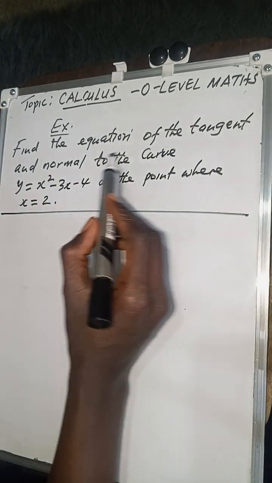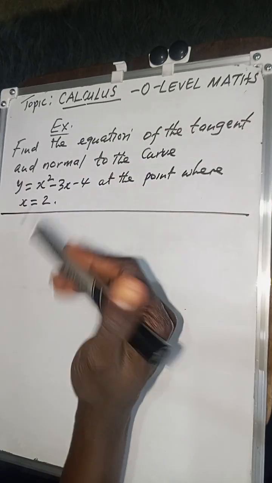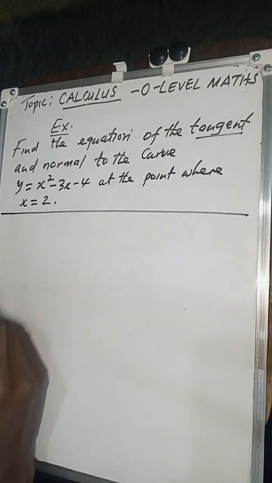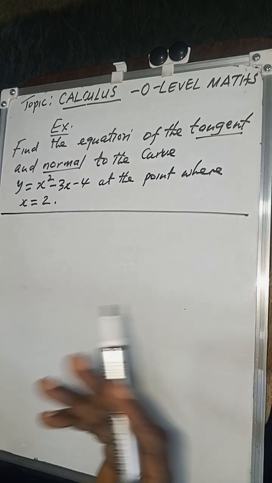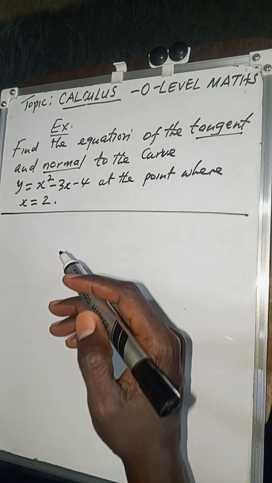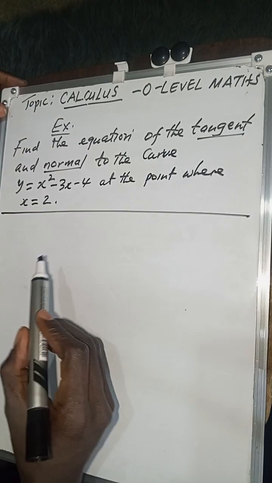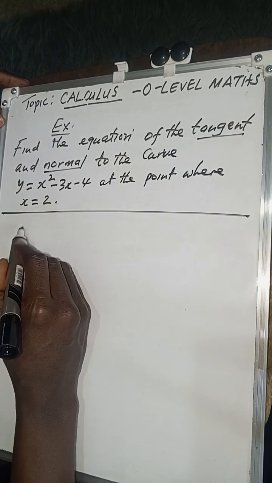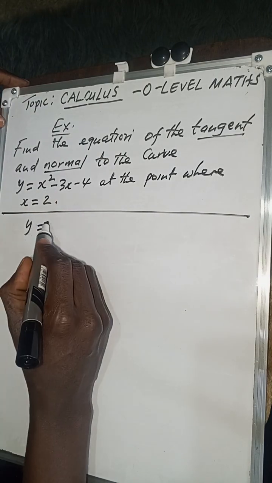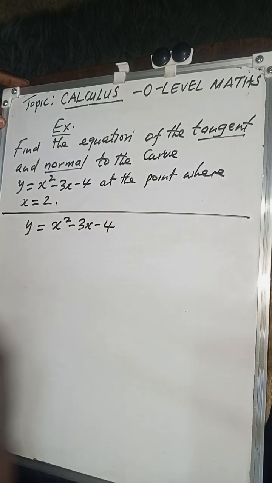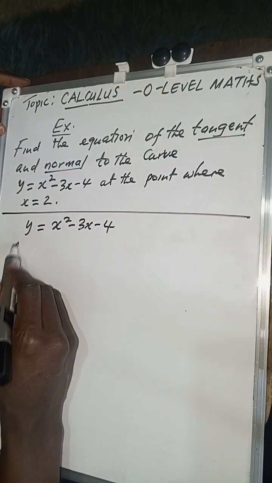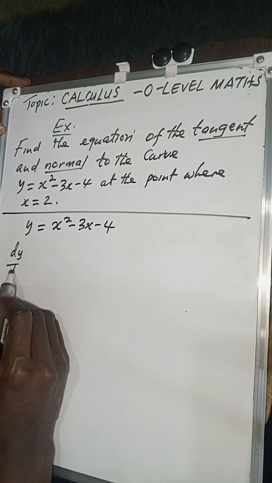Now, how do I find this? I'm finding two equations, the equation of the tangent and also the normal to the curve. So how do I find them? Well, it's very simple. We are going to get the equation of the curve y is equal to x squared minus 3x minus 4, and we are going to find the derivative dy over dx.